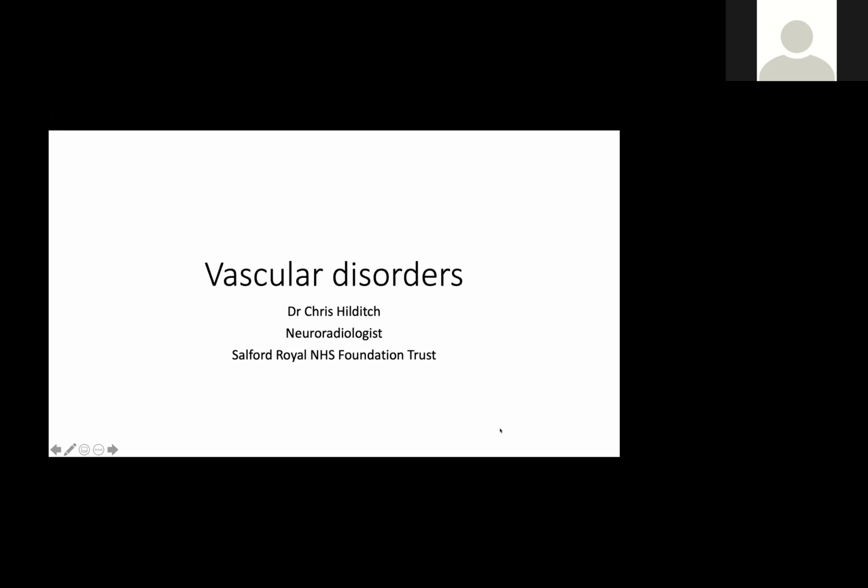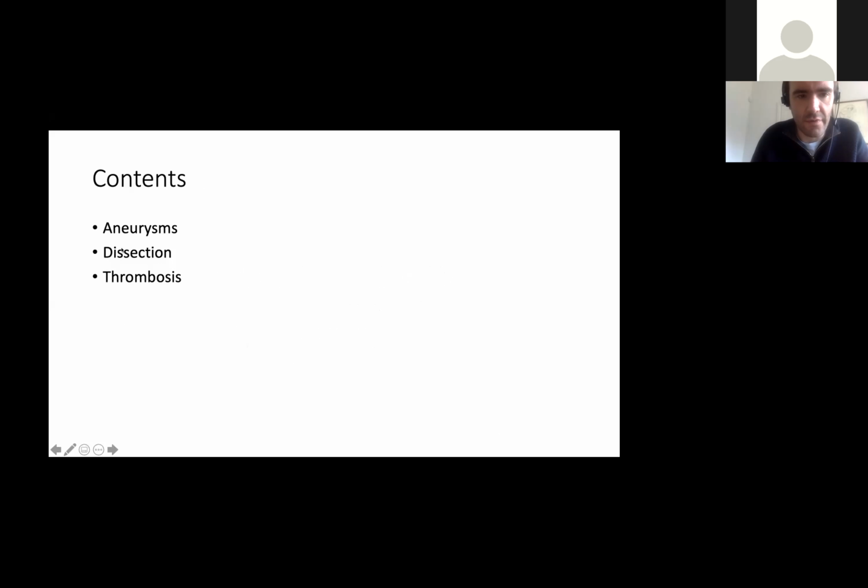Okay, so I was just going to talk about vascular disorders, and I essentially used the suggestions that you made at the start. So I'm going to talk a little bit about aneurysms and try and keep it as interesting as I can. Talk about dissection, which is probably a fairly short talk, really. I was going to focus on the imaging aspects, and then talk about thrombosis.